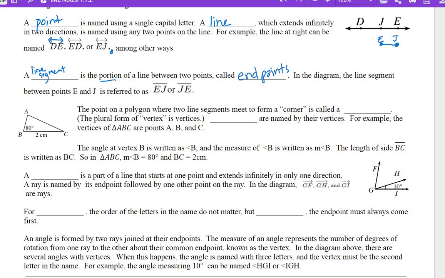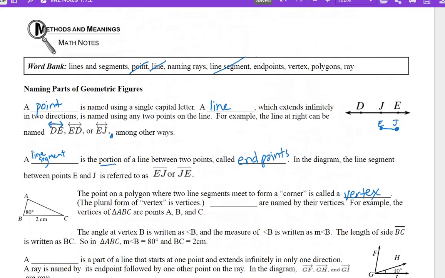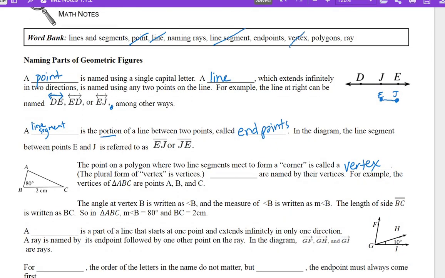The point on a polygon where 2 line segments meet to form a corner is called a vertex, the plural of which is vertices. Let's cross out vertex and endpoints. Polygons are named by their vertices.